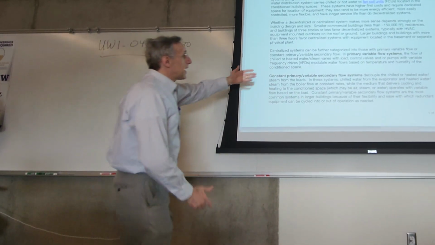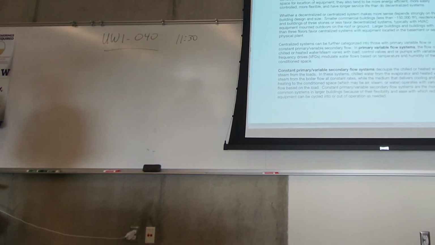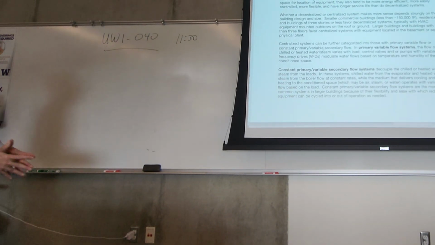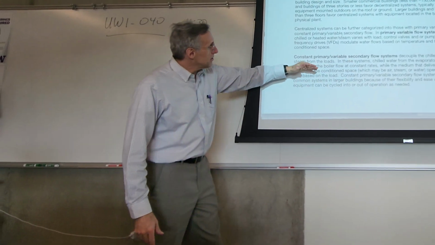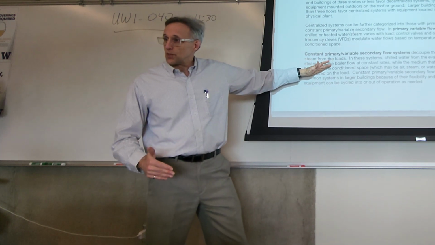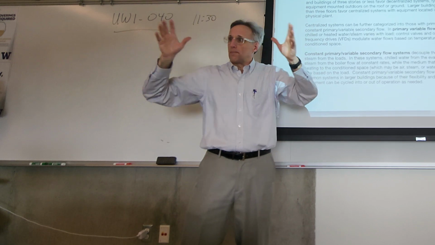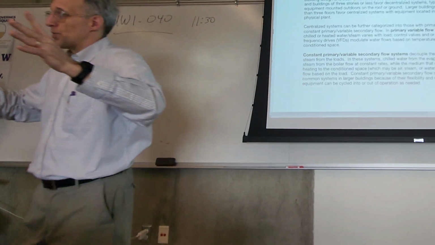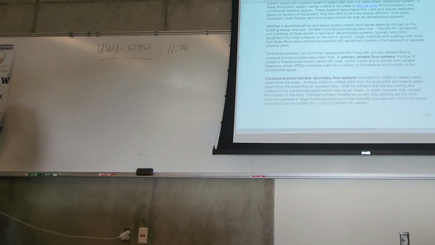But when you get to centralized systems, there are two major subdivisions. One is you can have a constant air volume system, where the fan just moves air at a constant volume flow rate. So you need 20,000 CFM, you're going to get 20,000 CFM.